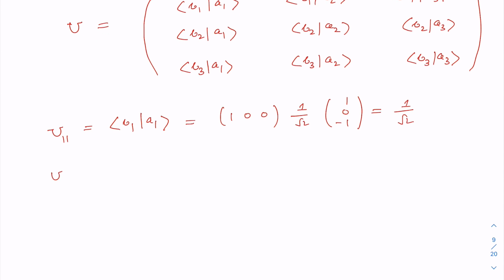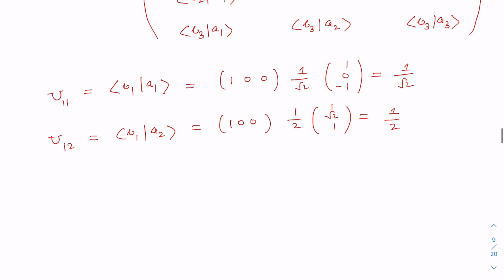Similarly, you can find out U12, that is B1A2, equal to 1 0 0 times A2, which is half 1 root 2 1. So this is going to give you simply half. This way you can find out all the elements. U13, you will get as half.